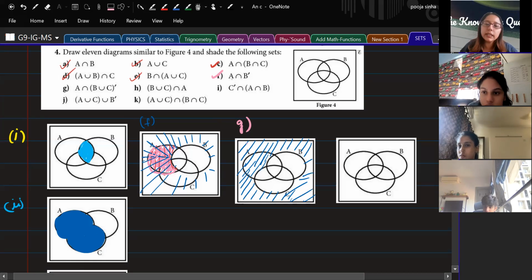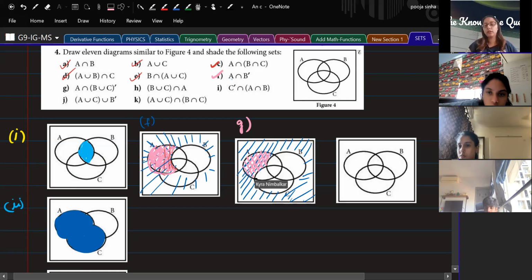And that intersection with A. So what is coming in common with A of your highlighting? Only this much, which is B union C complement and is also coming in A. So this is the area. This part is the answer.